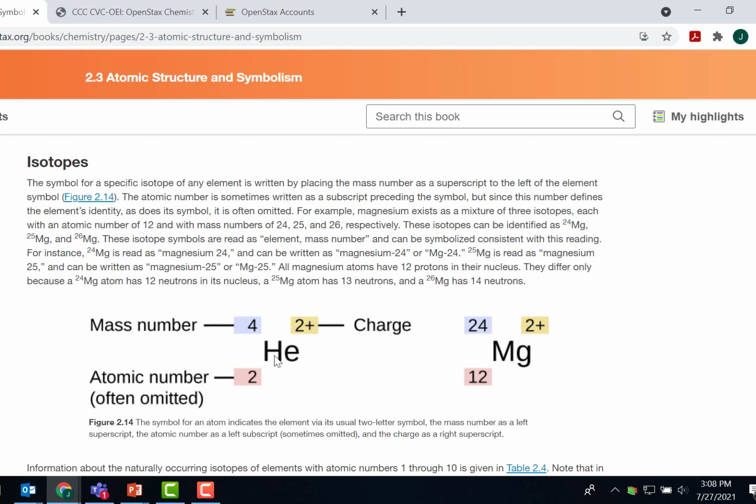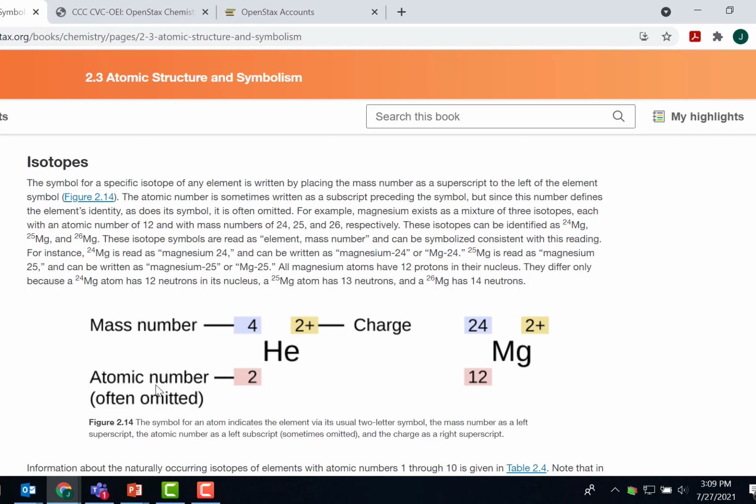So we can show a specific isotope or ion in a few ways. We write the symbol of the element, and then as a pre-superscript, we have the mass number, and as a subscript, we have the atomic number. And then if we have a charge, we write that as a superscript after the symbol. So charges go after; mass number and atomic number are before.